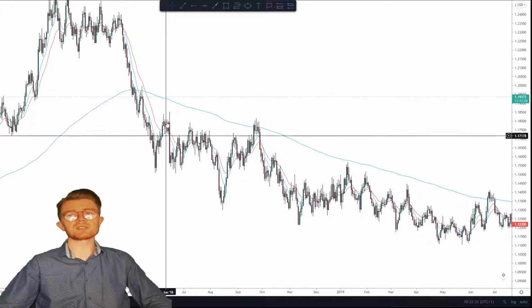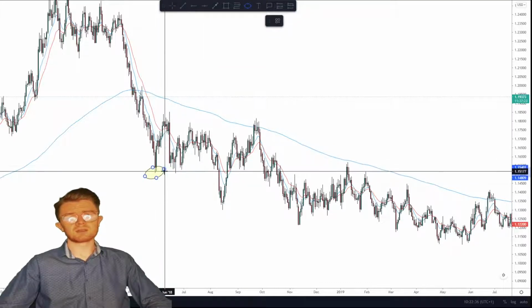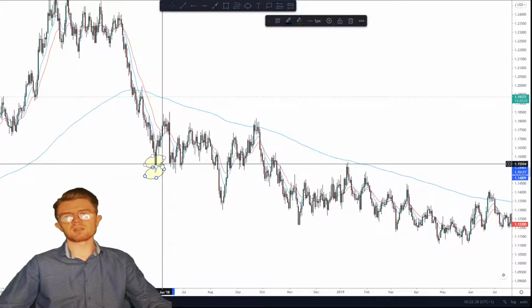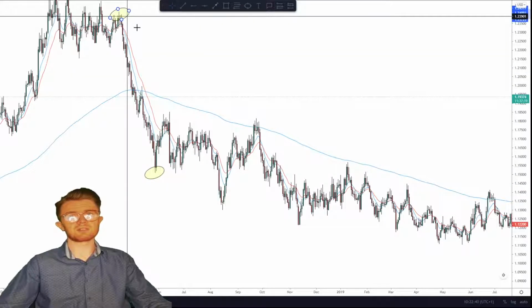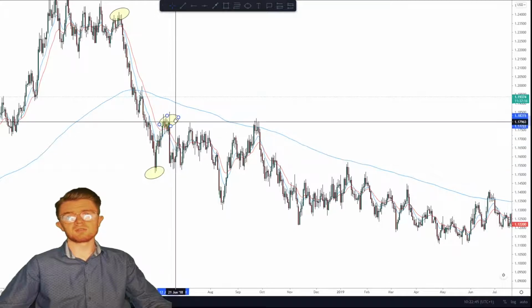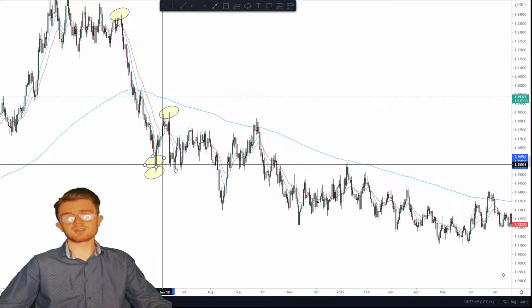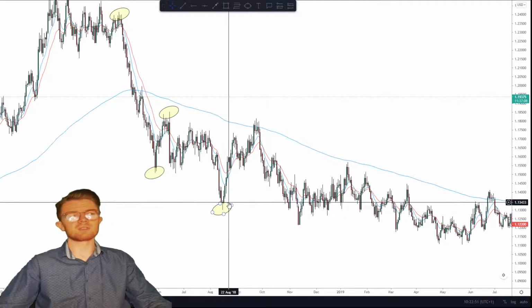Here we can actually see a downtrend. If I pull up the ellipse tool, and let's pull out this low and even this high up here, we can see we've had a move down. We've pulled all the way up to here, created a lower high, and then come all the way down to here and created a lower low.